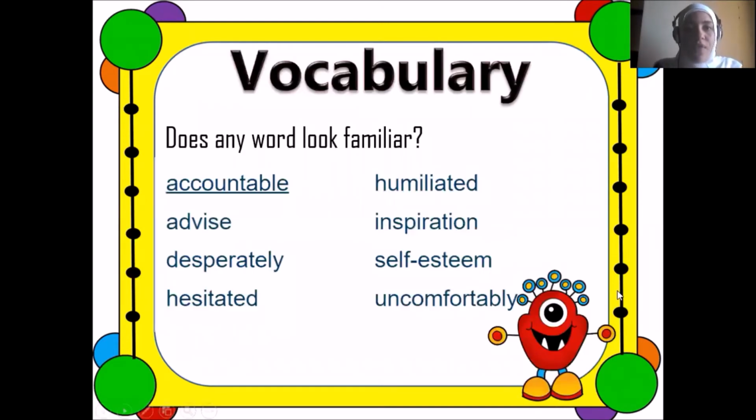It's time now to move to the vocabulary words or new keywords. Does any word look familiar? Let's read the words first. Accountable, advise, desperately, hesitated, humiliated, inspiration, self-esteem, uncomfortably.